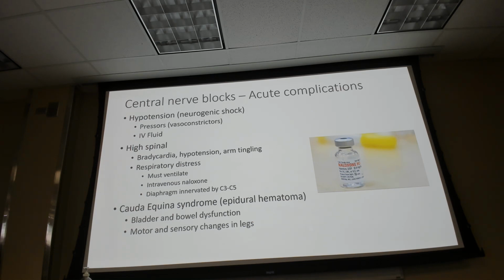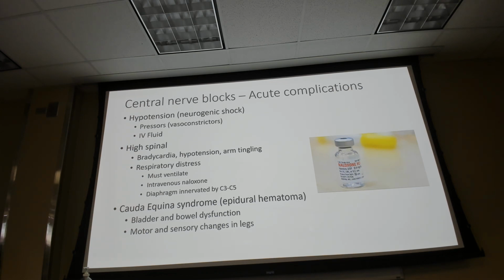And then we also have to worry about where we're doing that nerve block. If it's a high spinal block, we have to worry about bradycardia, respiratory distress, hypotension. We may have some arm numbness depending on how high we're going, so they could have arm tingling. And then we always have to worry about cauda equina syndrome as well.